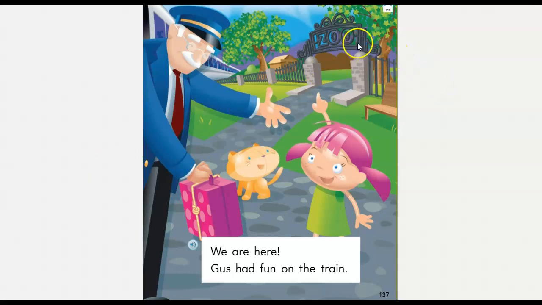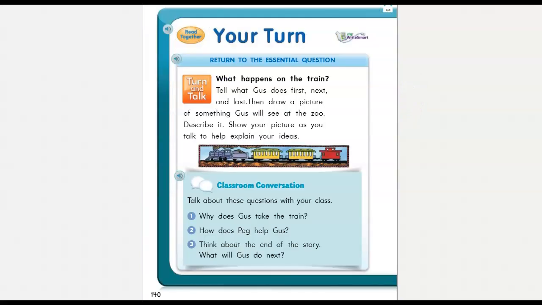The sign says zoo. Gus and Peg ended up at the zoo. So what do you think might happen next in the story? I think that Gus and Peg will go to the zoo and have a very fun day. What do you think Gus will do next?